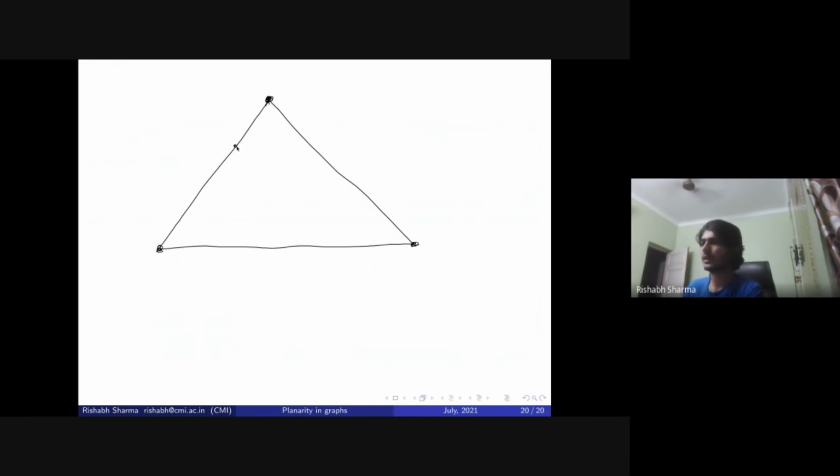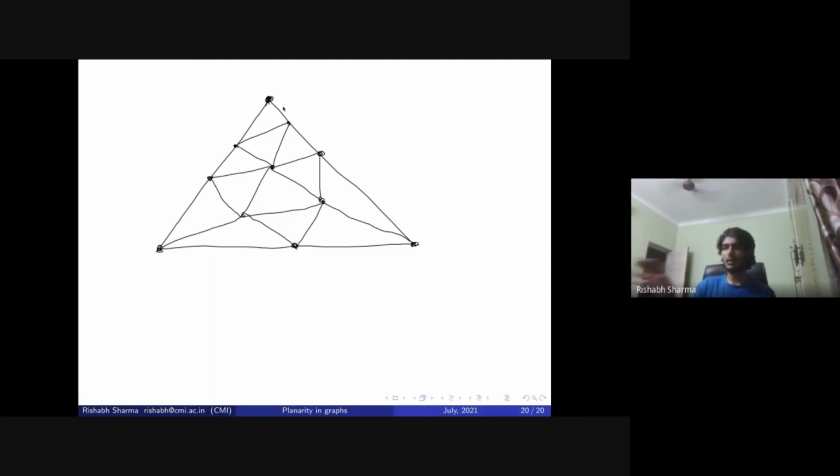So I draw some edges and vertices inside this triangle, so that the triangle is divided into smaller triangles. So every piece, every area here is a triangle. That is the condition.